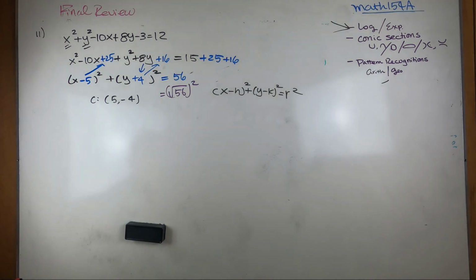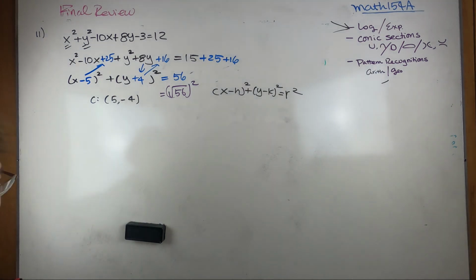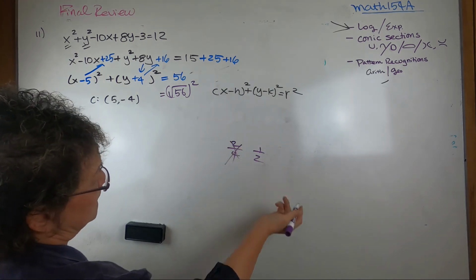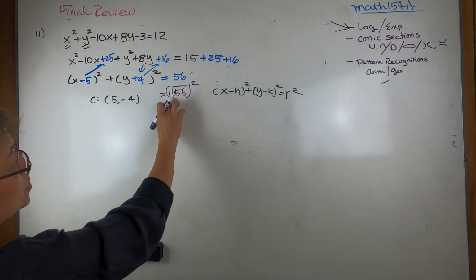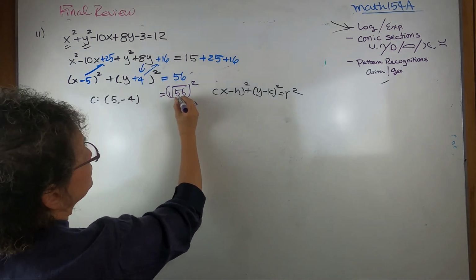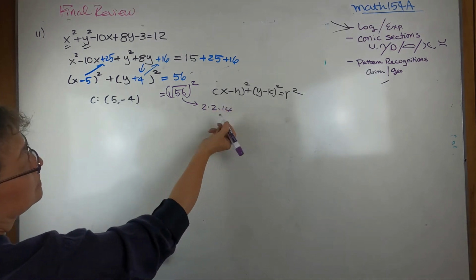But you cannot leave square root of 56. If you do that, you'll probably get some deduction. Why? We say for radicals, you have to write the simplest form. Just like fraction, you don't write it this way, you write 1/2, right? So whatever, if you have a square, you have to take it out. So 56 is what? 2 times 2 times 14, right?